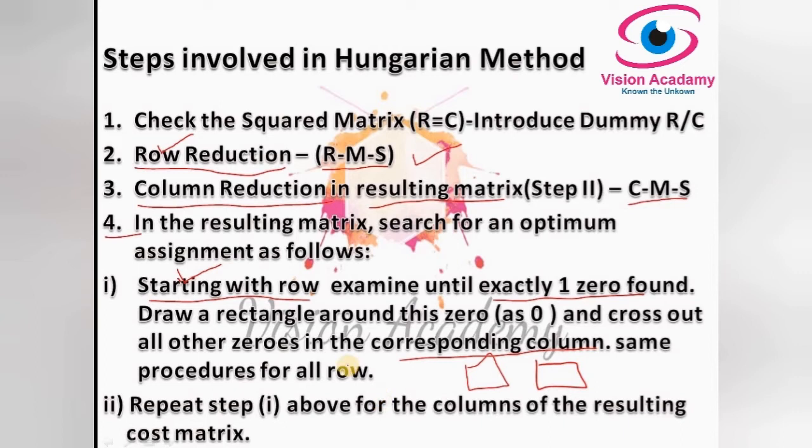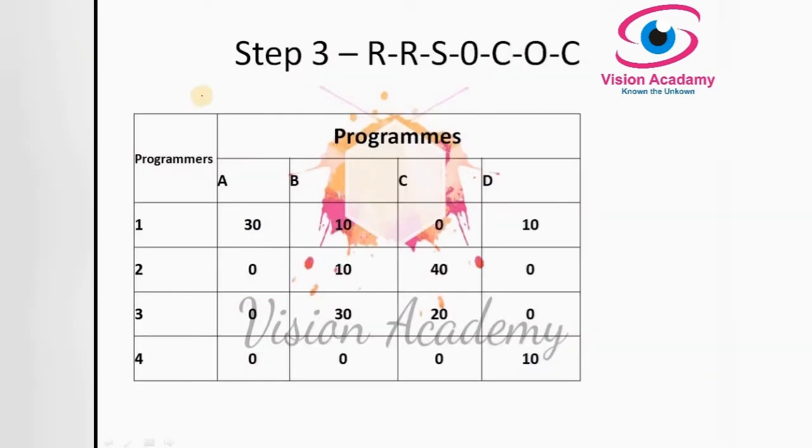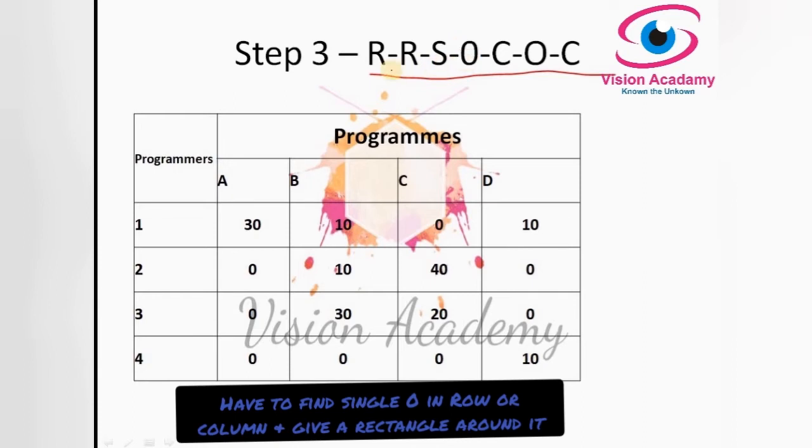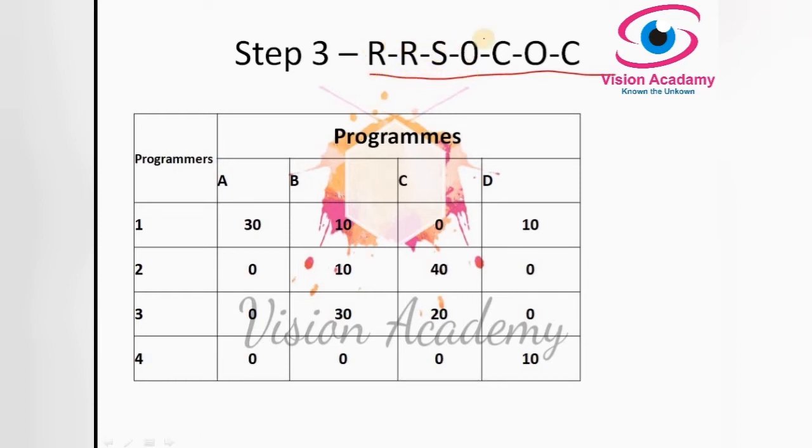Let's look at how it works. This is the resulting matrix from step 2. It means start with row, give a rectangle where there is a single 0, and cross out other zeros in the respective column.